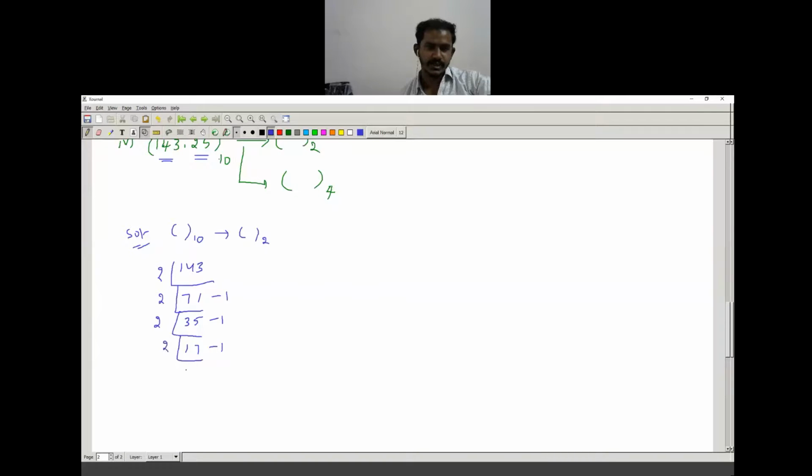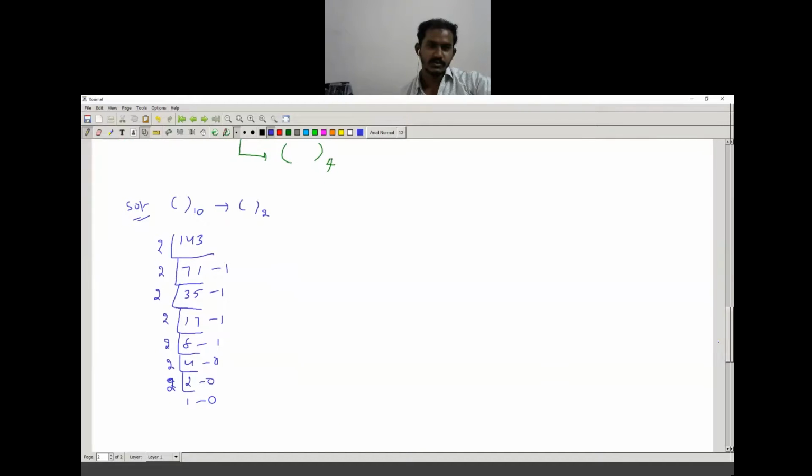Again 2 8s are 16, remainder is 1. After that 2 4s are 8, remainder 0, 2 2s are 4, remainder 0, 2 1s are 2, remainder 0. So we got the successive division here.